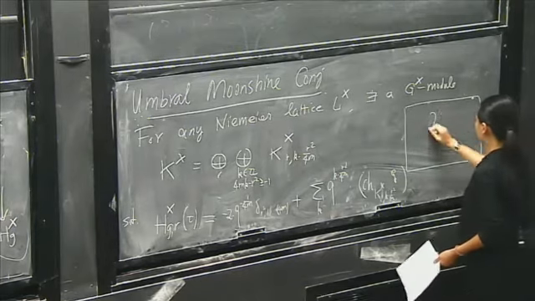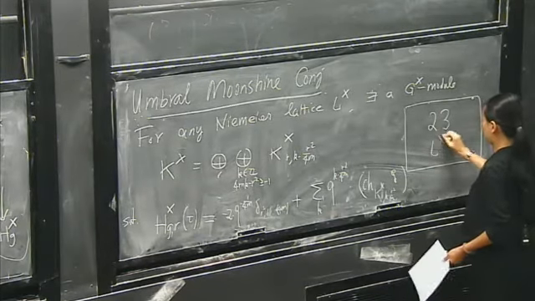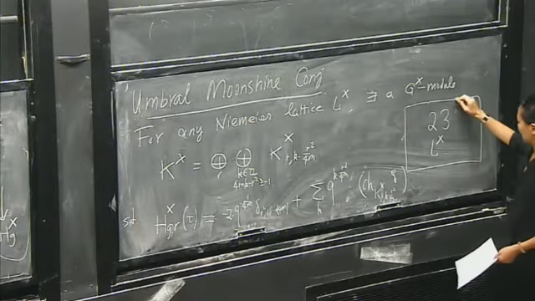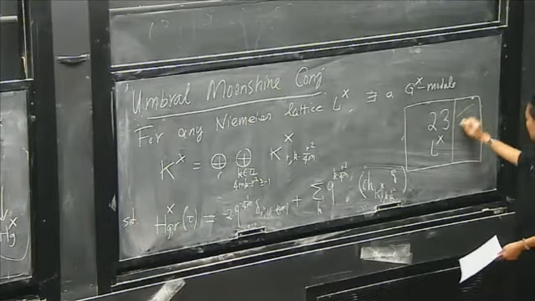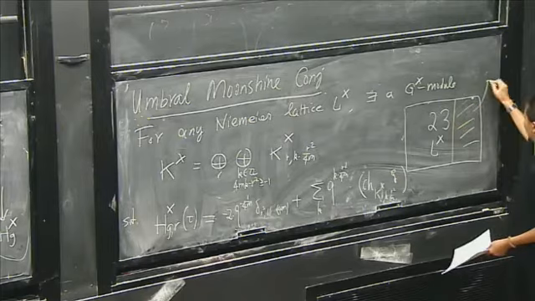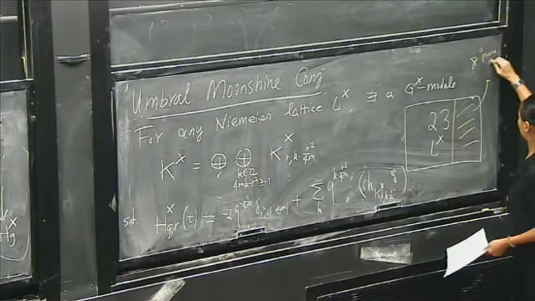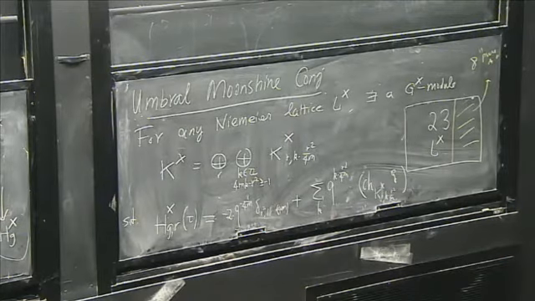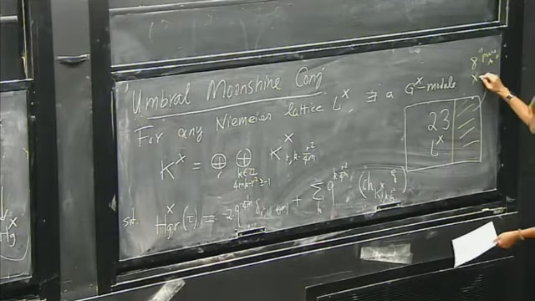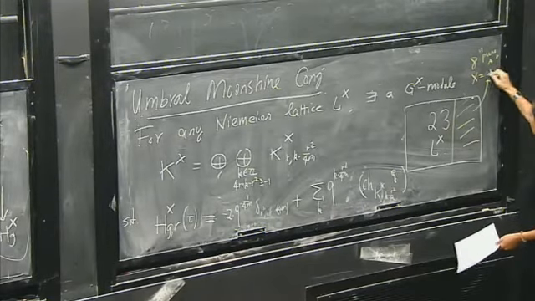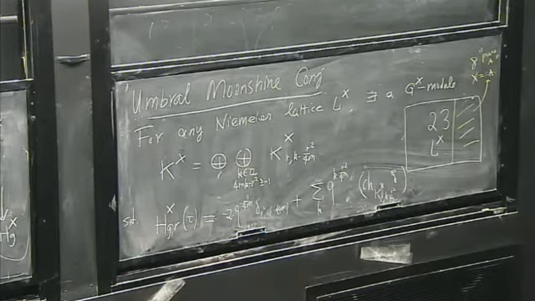So there are 23 Niemeyer lattices, and 8 of them are special. We'll call them pure A, because X has only A-type components.